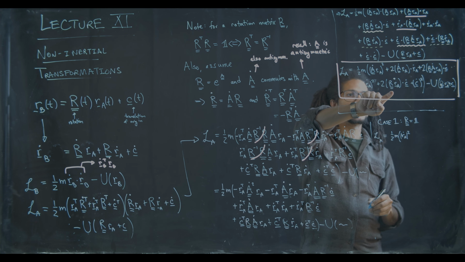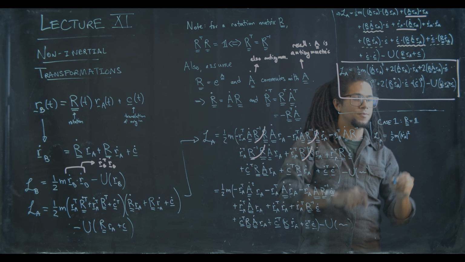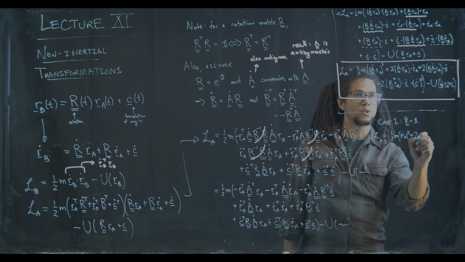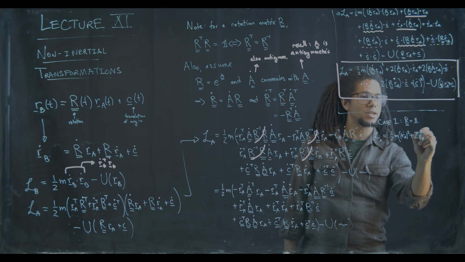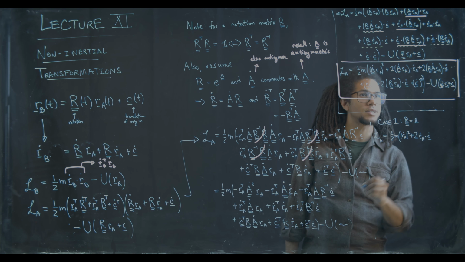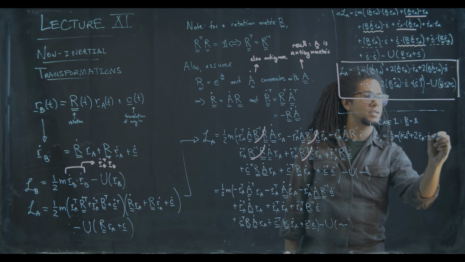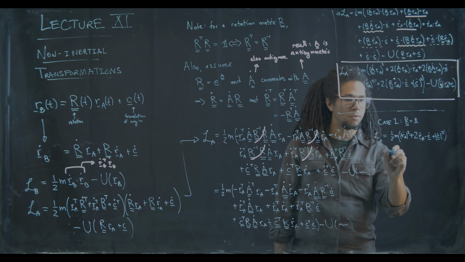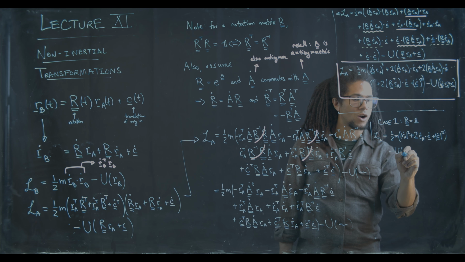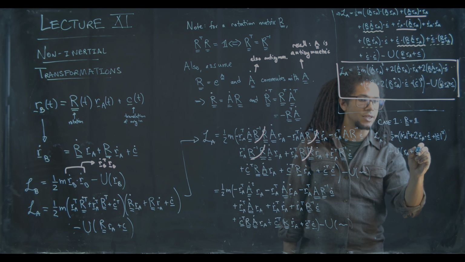Then we have 2 times identity times R dot, dot C. So plus 2 times RA dot, dot C dot. I should have said C dot there. Okay, then plus C dot vector squared minus U of RA plus C.